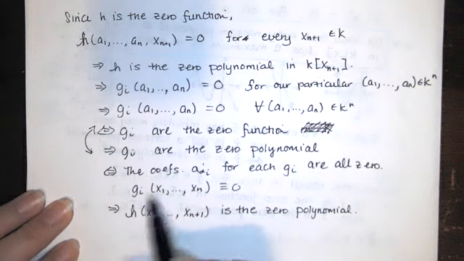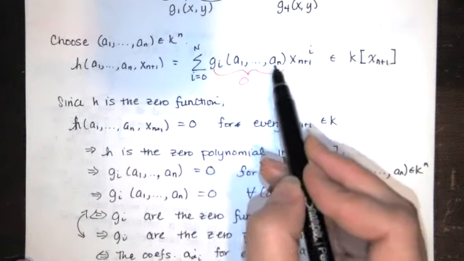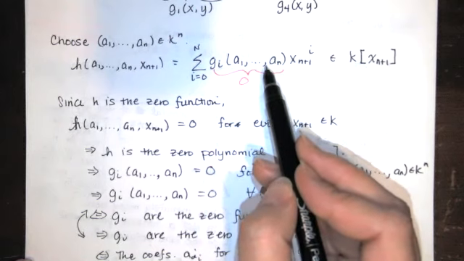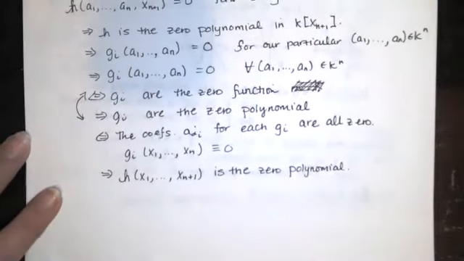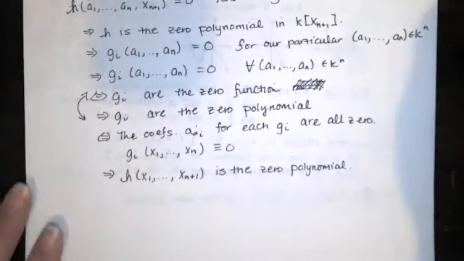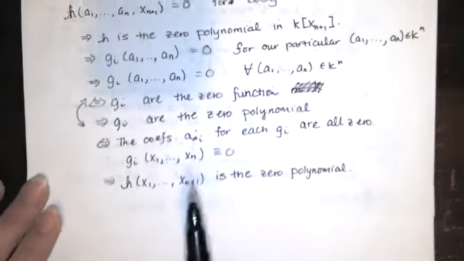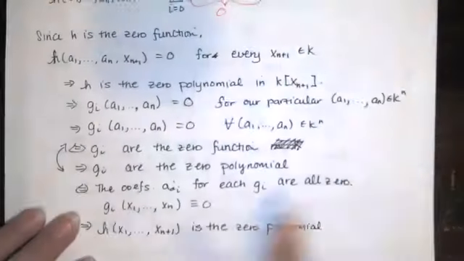And if all of these are 0, no matter what x sub 1 through x sub n are, we end up with a bunch of zeros times these guys. So h has to be the zero polynomial as well. Okay, so that was a lot of work, but we have just shown that if h is the zero function, then h must be the zero polynomial.